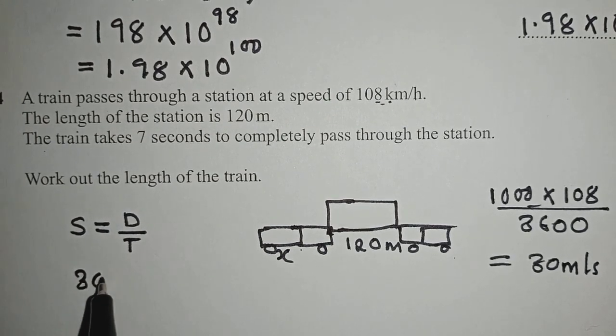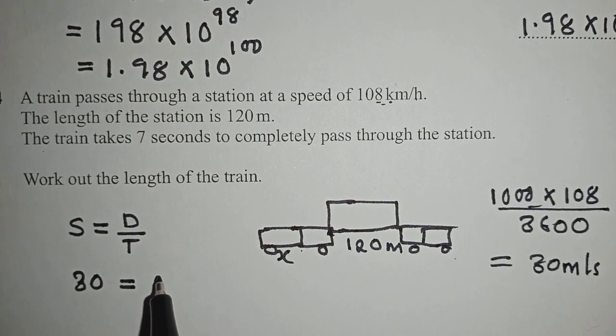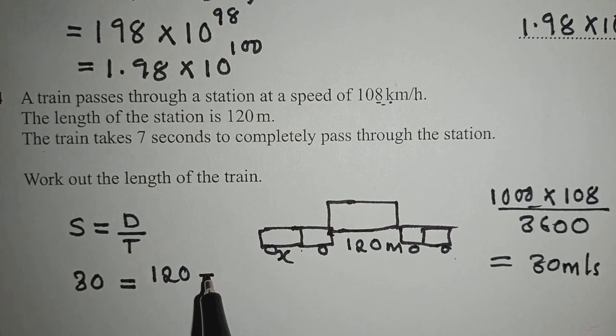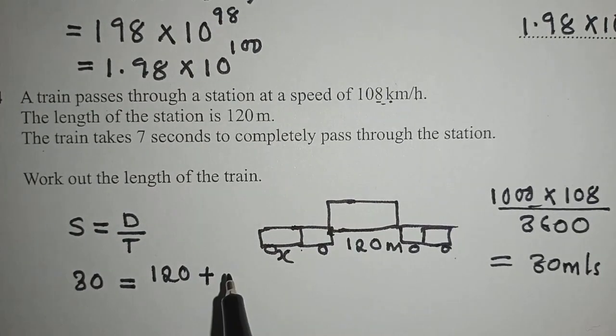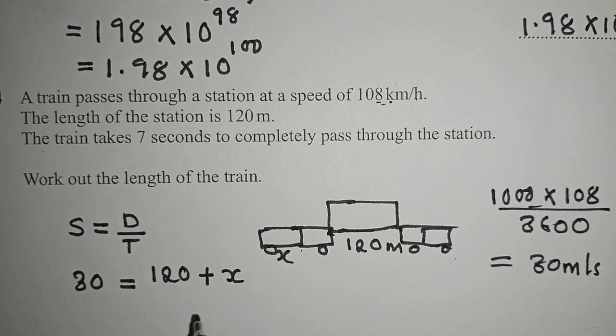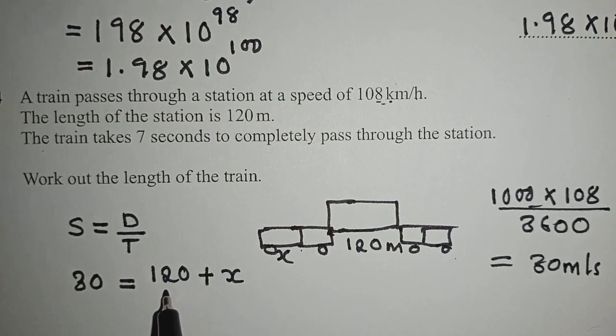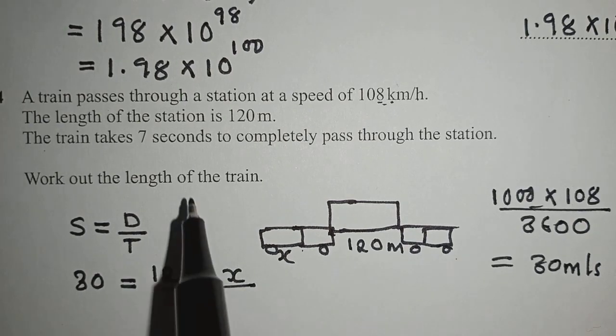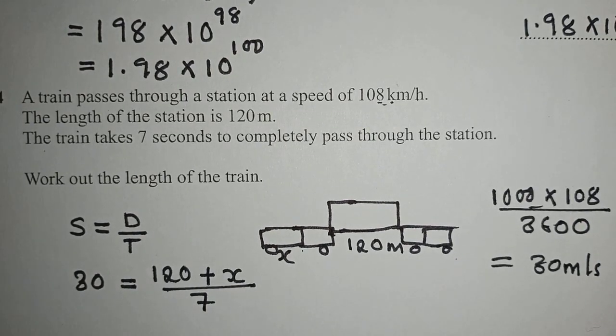So we shall say 30 is equal to the distance, which is 120. This distance is for the building, so you add the length of the train, which we don't know, over the time, which is 7 seconds.